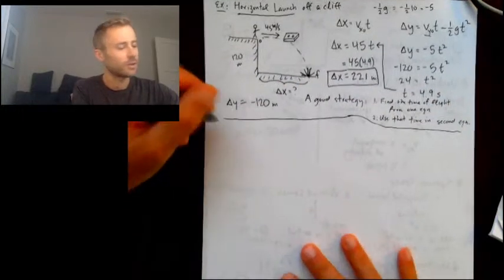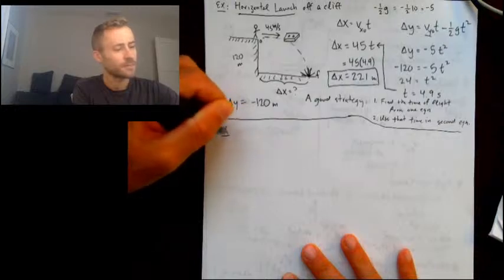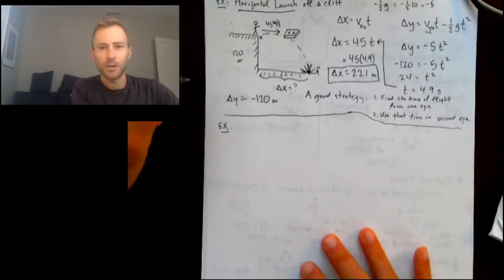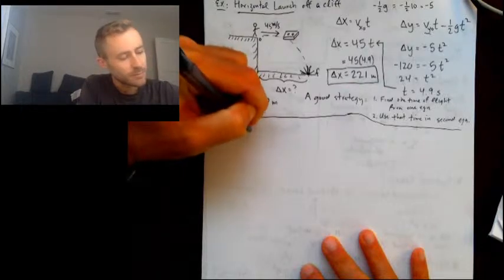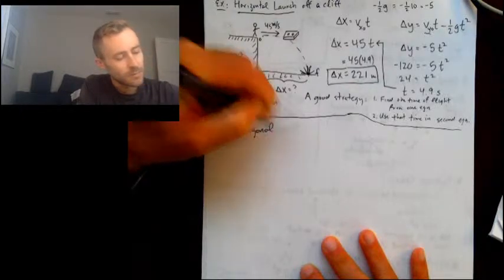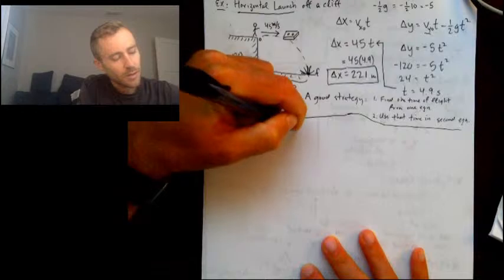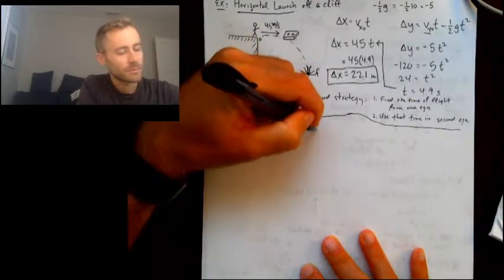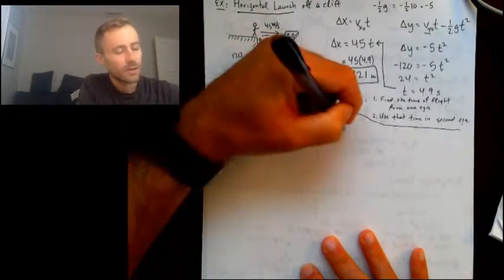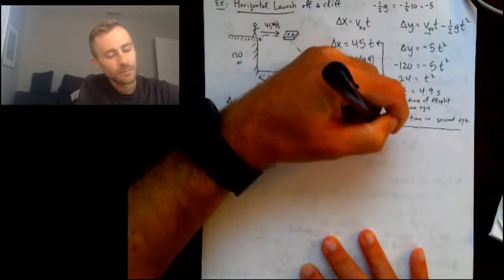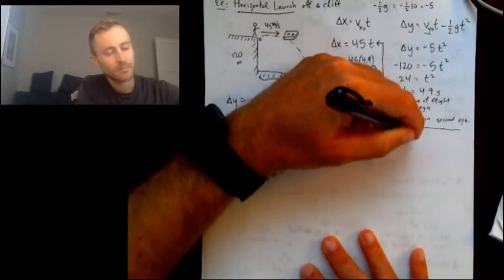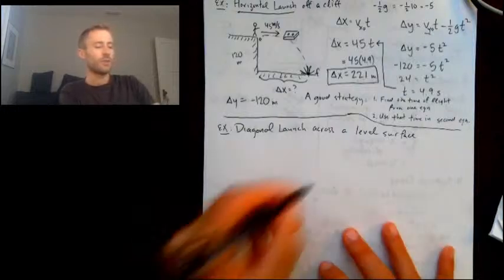Okay, let's do another example. I'm going to call this diagonal launch across a level surface. Okay, so let me draw.